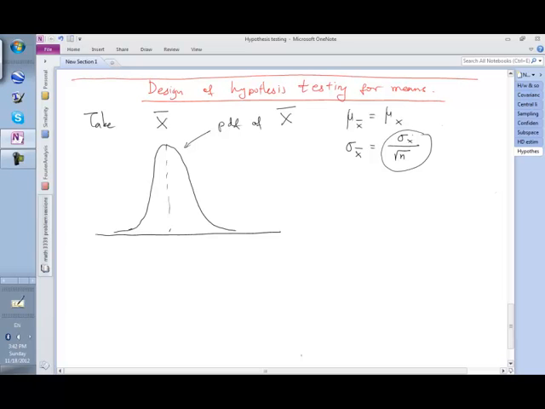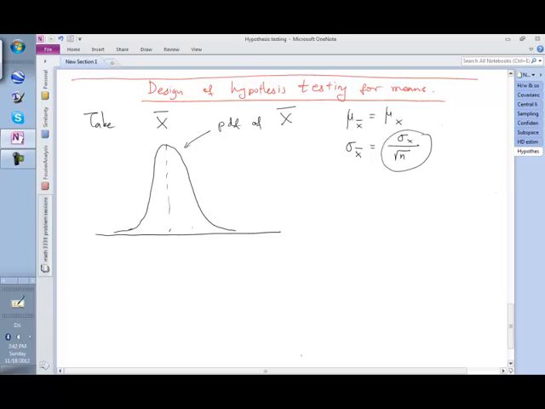So if I have a difficult problem, if it's hard to test my hypothesis because there's not enough discriminability, then what I can do is increase the sample size. We'll see that a little bit now as we continue.